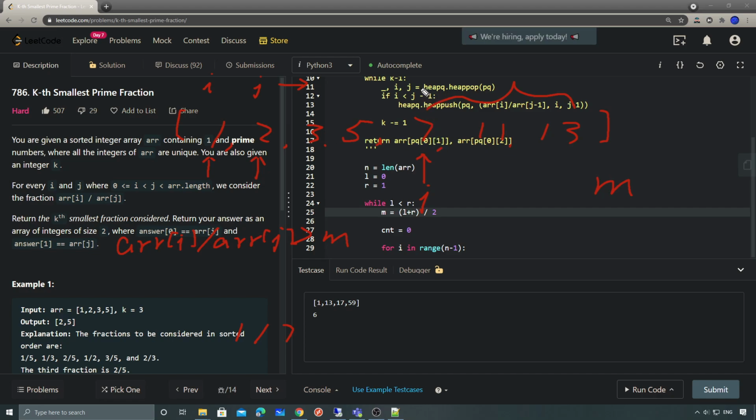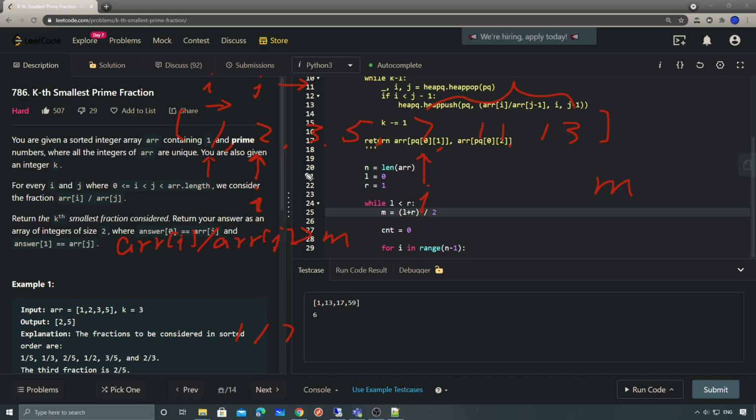So any numbers from 7 to the end will all be smaller than the current M. So we have 3 here, and then we move I to the right as well. So now I is pointing to 2 here.